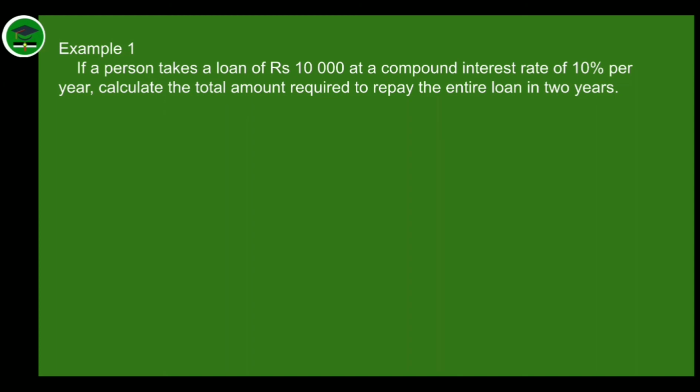You know simple interest. This is not the simple interest, this is the compound interest. We will see what is the difference of these two. The rate is 10% per year. So we have to calculate the total amount required to repay the entire loan in 2 years. So how can you do?